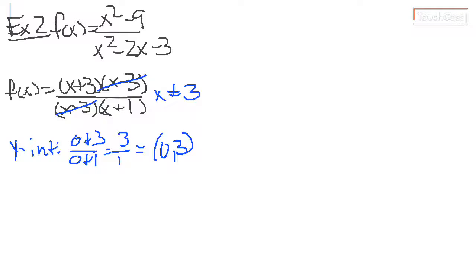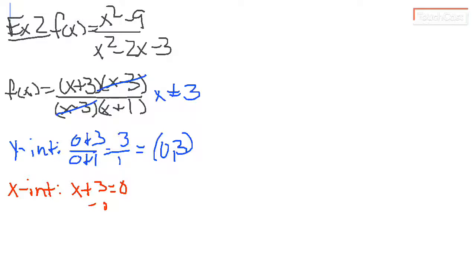Now we're going to find any x-intercepts. To do that, based off the guidelines we wrote down before, we're going to just find what values make the numerator 0. So we're going to take x plus 3 and set it equal to 0 and solve for x.